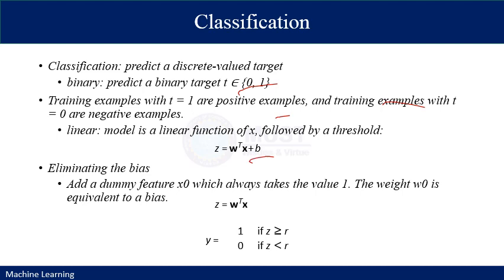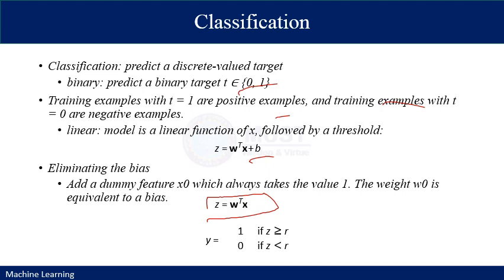So again we have w^T x plus b. If you eliminate the bias, you use a dummy variable x0 which is always equal to 1. Therefore w0 is equivalent to the bias. So we have a generalization of the linear function, which is g equal to w^T x.